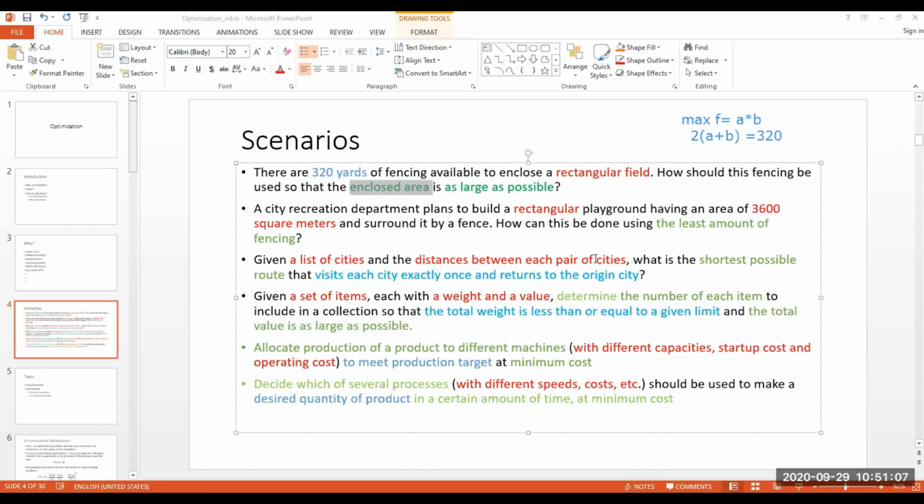So the question is, what is the shortest possible route? So is it a maximization or minimization problem? Minimization. It's a minimization problem, because we are looking for the minimum possible or shortest possible, the quickest route possible.